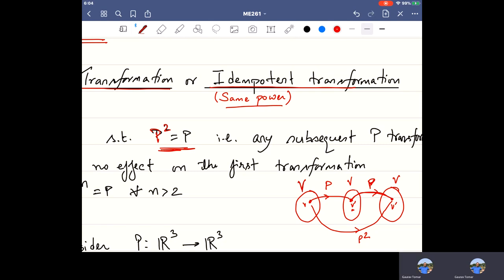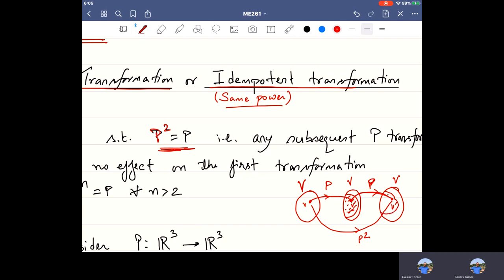In a way you can think that using this projection transformation, you would project a vector space V onto a subspace of itself. And then if you project again using the same transformation, you will get the same set of vectors.